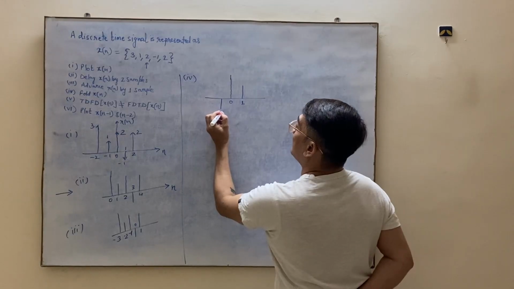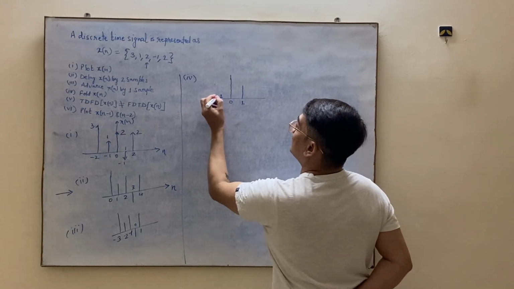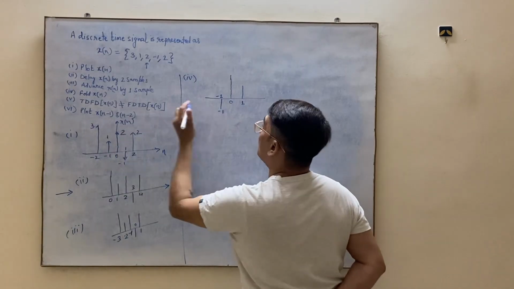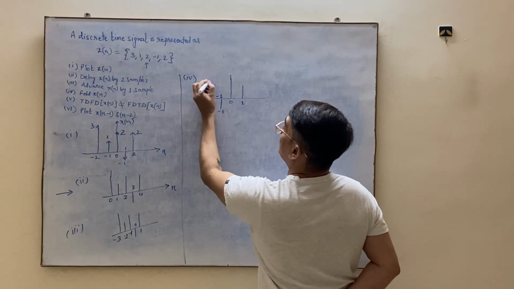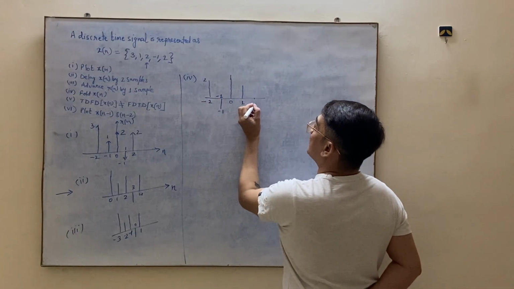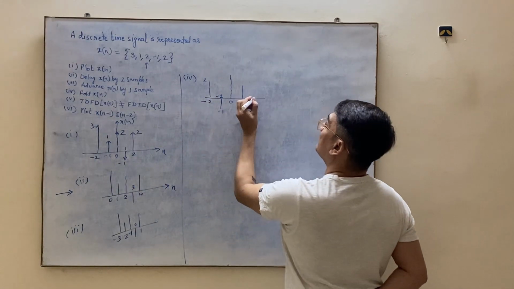So at n is equal to minus 1, your sample is minus 1. Similarly, the sample at 2 will be at minus 2, and the sample at minus 2 will be at plus 2.